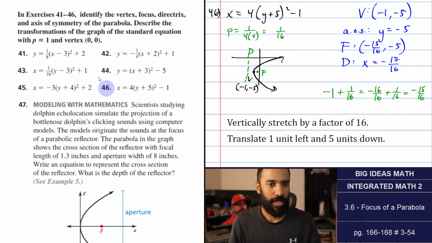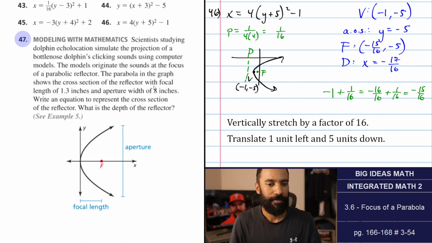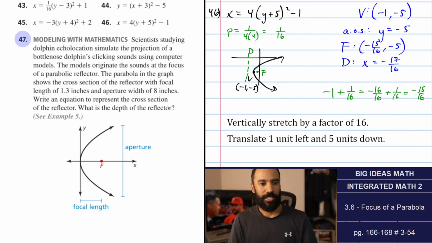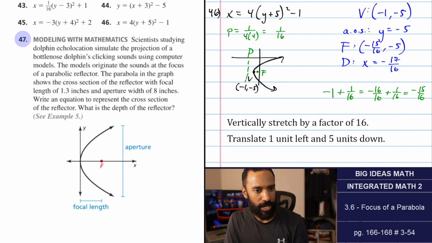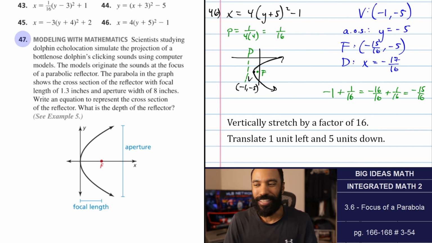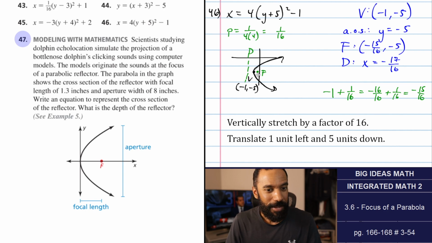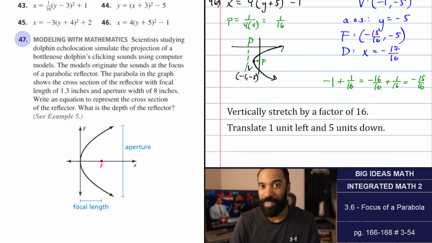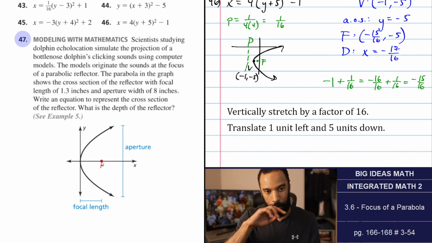Okay. Well, I think we have 8 more problems here. We go to 54, right? Modeling with mathematics. Scientists studying dolphin echolocation simulate the projection of a bottlenose dolphin's clicking sounds using computer models. I can't do it. I don't have echolocation. The models originate the sounds at the focus of a parabolic reflector. I'm glad they finally tell us what the focus is going to refer to this time.